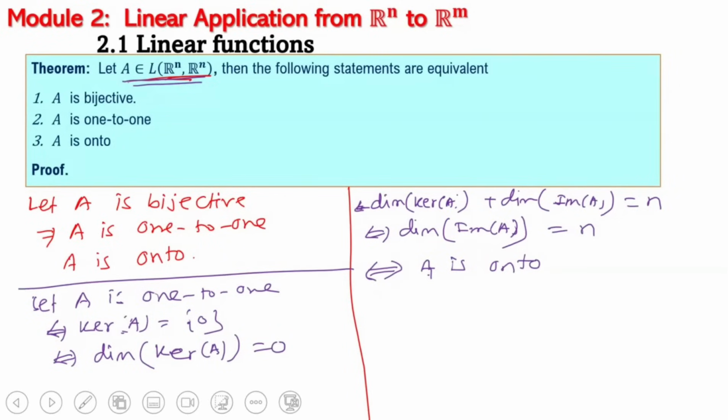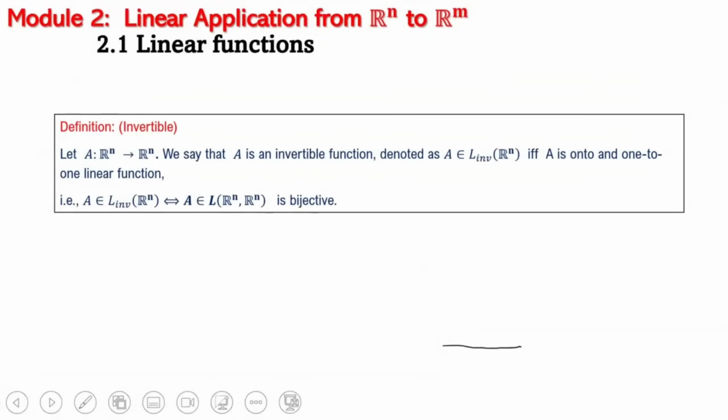Okay, now next we have another interesting definition, which is invertible. For a linear function from Rn to Rn, we say that it is an invertible function, and we denote it as A belongs to L inv Rn, where inv is known as the inverse, if and only if A is an onto and 1 to 1 linear function.